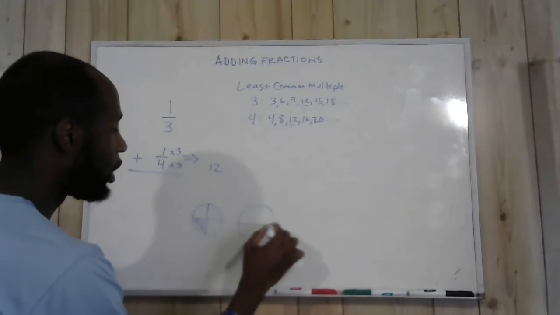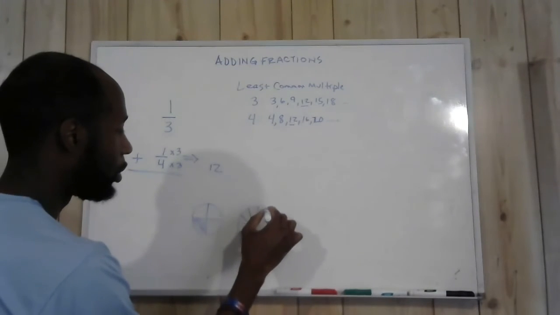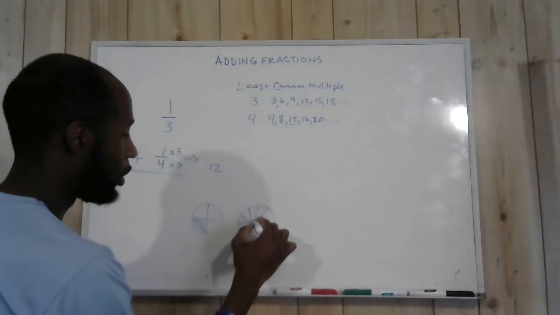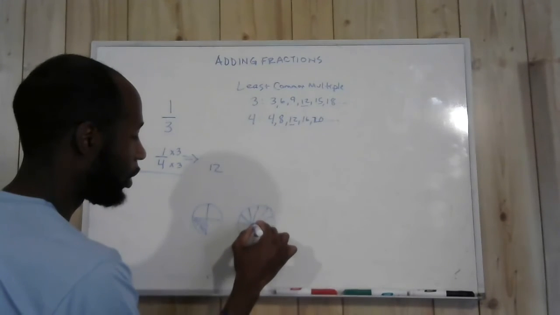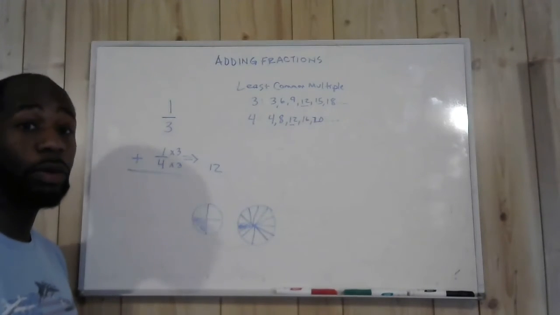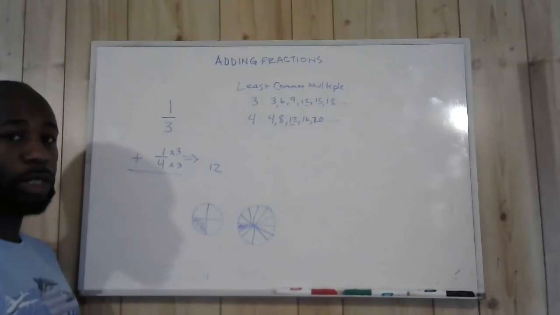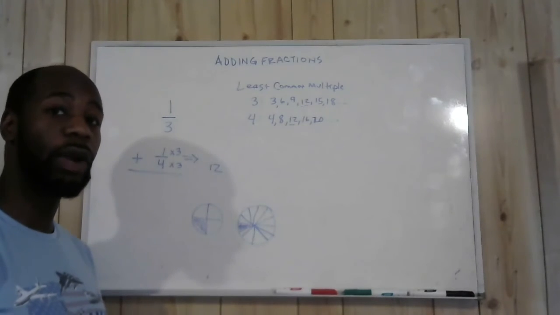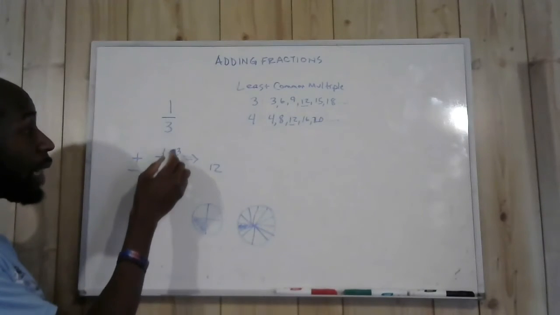And 1/12 is this much. So basically what you would be saying is that 1/4 is equal to 1/12. And that is not the case. When you change the denominator of the fraction, you don't want to change the actual fraction. So that's why you have to multiply the bottom and the top by 3.